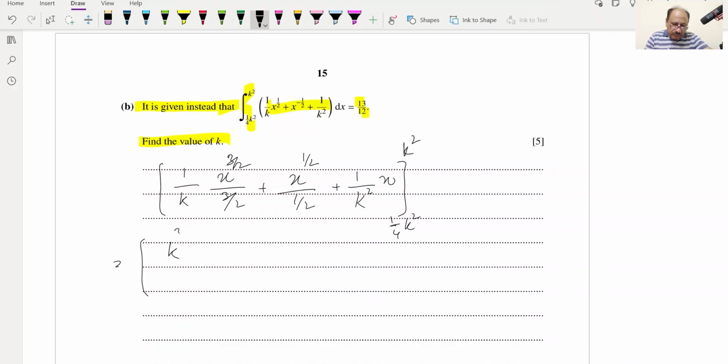The upper limit is k squared, so we will replace this. It will be k raised to the power, k squared raised to the power 3 by 2 over 2 by 3.